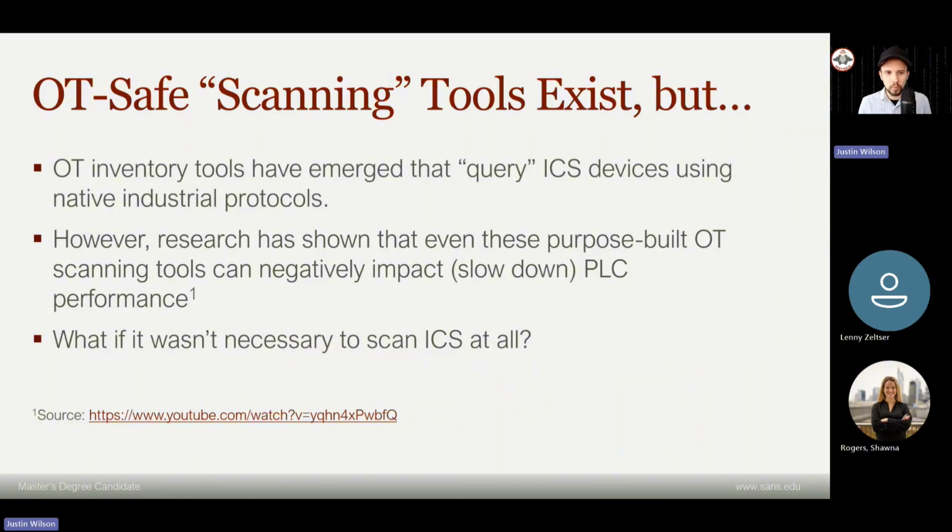So my question is, what if it wasn't necessary to scan ICS at all? What if there were things that you could do as an ICS cybersecurity engineer or as an OT engineer to help enrich asset inventory through passive analysis without actually going in and talking to these devices.